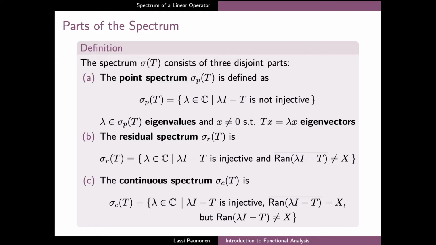And as we see, the point spectrum contains those points lambda for which lambda I minus T is not injective, and the other two parts contain those lambda for which injectivity holds but surjectivity fails. And the division into the last two spectral subsets is then made based on whether or not the range of lambda I minus T is dense in X or not.